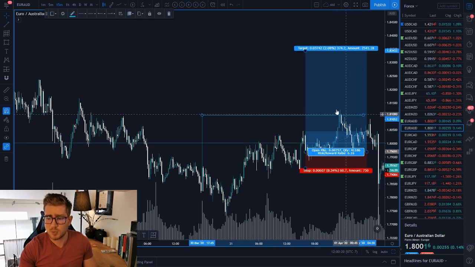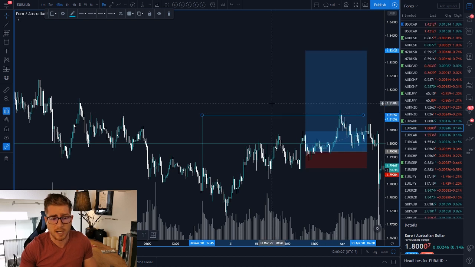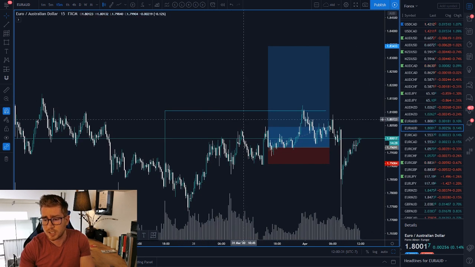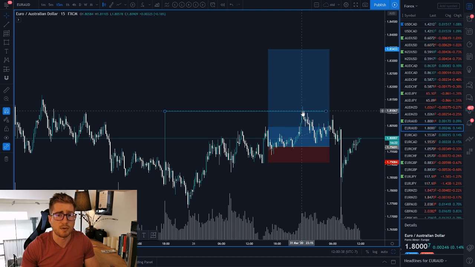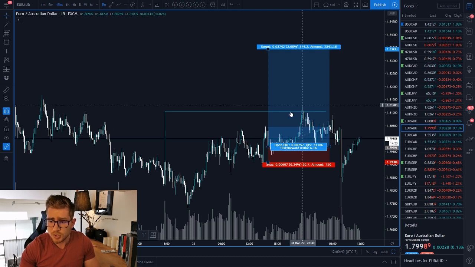So we made this sweep pattern, and I've made a video about what this sweep pattern could mean in a previous video, and I'll link that up in a card if you want to watch that. It's a strategy that I've come up with, and I've seen this sweeping pattern, and I'm thinking, okay, maybe it could reverse now. So this would be a wise time to take profits.